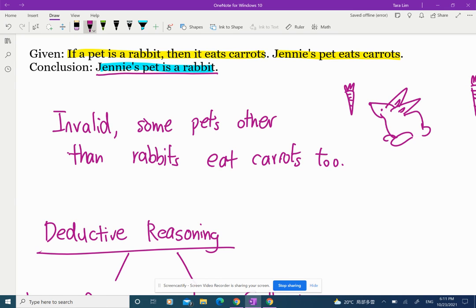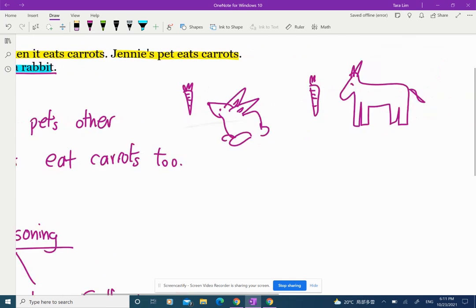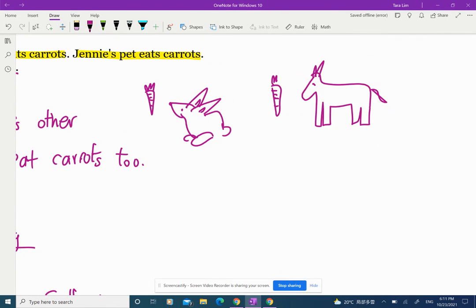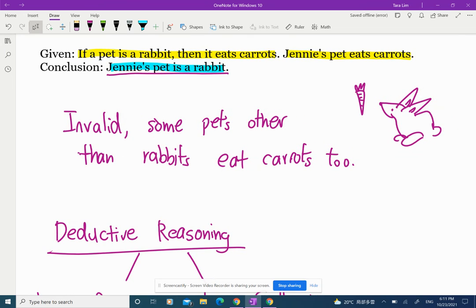So if you think about it, it is true, really, because in real life, it is true that rabbits eat carrots, but there could be lots of other animals that eat carrots too. So the conclusion is invalid because, as you all know, a horse can also eat carrots. So Jenny's pet could be a horse, it could be a rabbit, it could be a cow, it could be any other animal that eats carrots, not just rabbits.